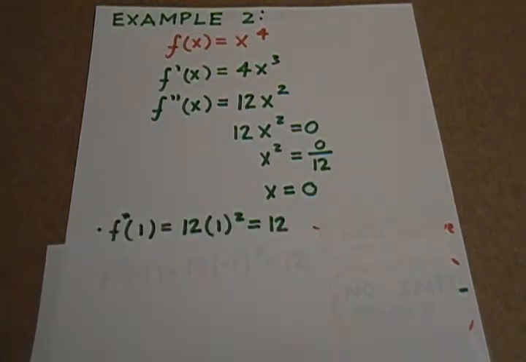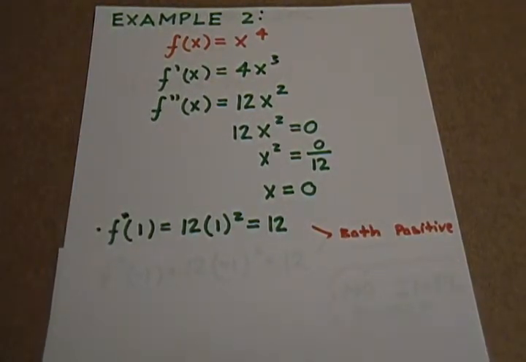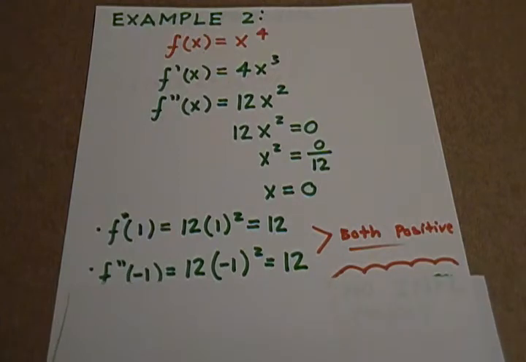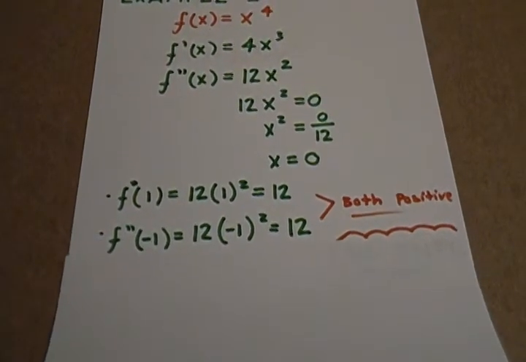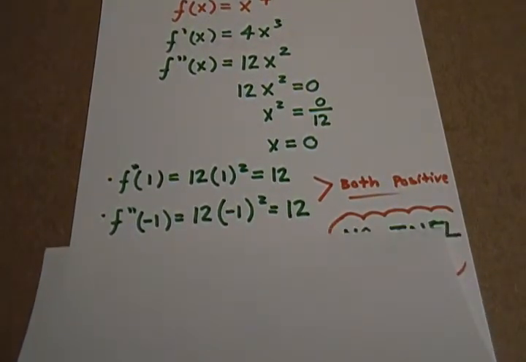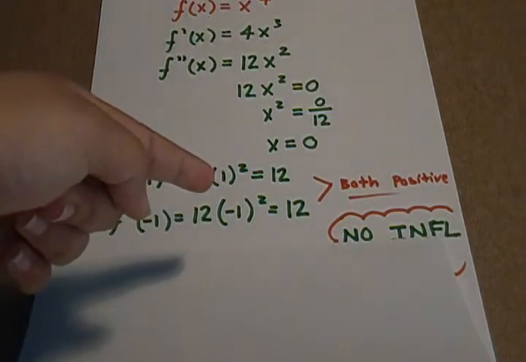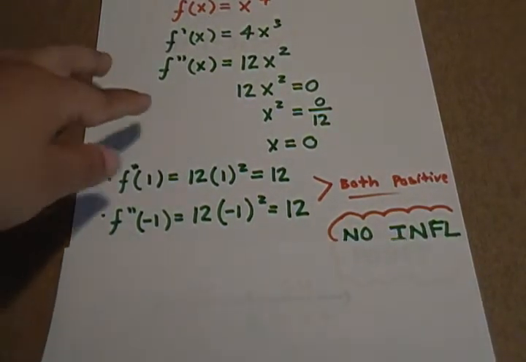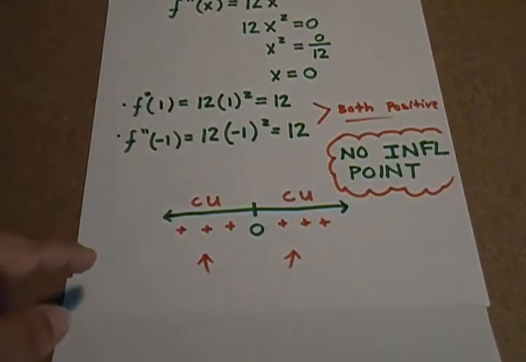Now, you plug in a larger number than 0 into the second derivative, and here we have a positive number. Then you plug in a smaller number than 0, and still you get a positive number. So given that they are both positive, you check the concavity.